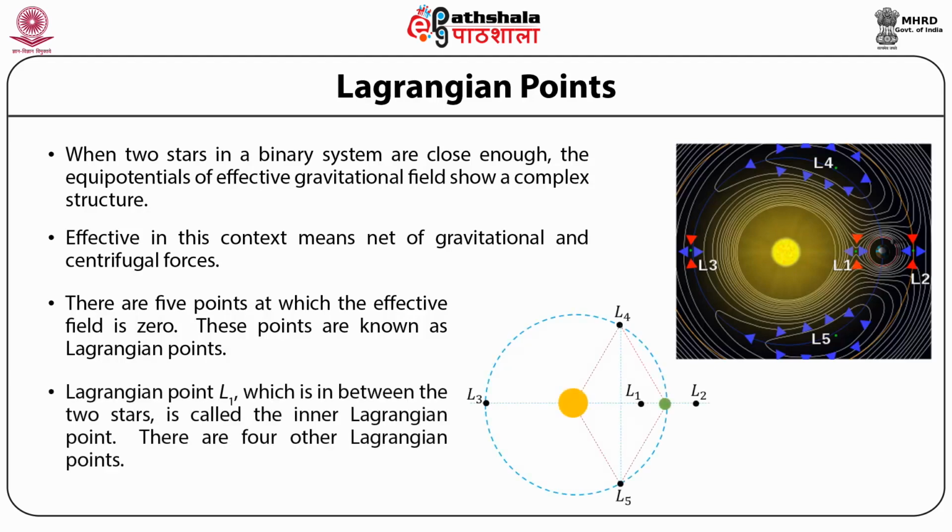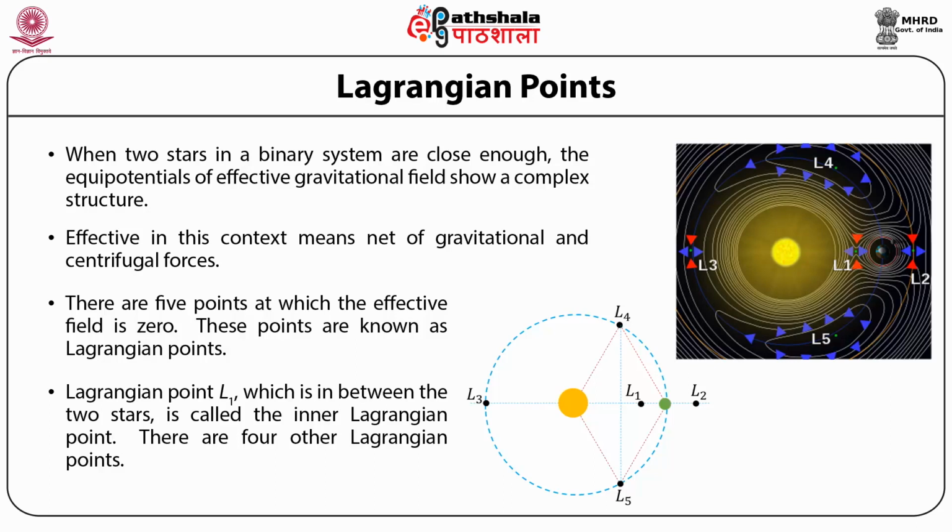Lagrangian point L1, which is in between the two stars, is called the inner Lagrangian point. There are 4 other Lagrangian points. The point L1 separates the two Roche lobes, which together make the figure of 8.